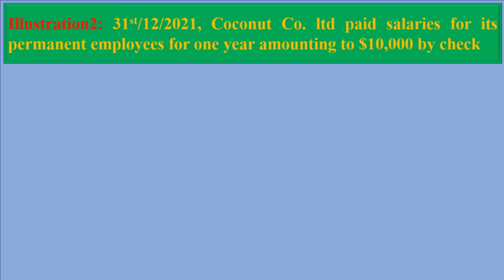Now, illustration 2 has to do with an operating expense account. How do we record such a transaction? On 31st December 2021, Coconut Company Limited paid salaries for the permanent employees for 1 year amounting to $10,000 by check.